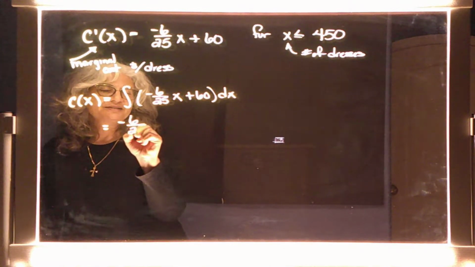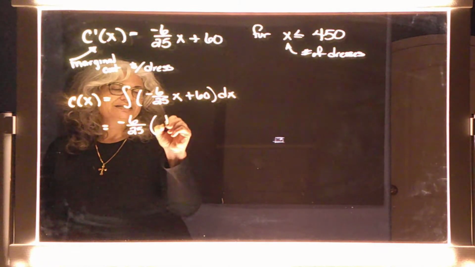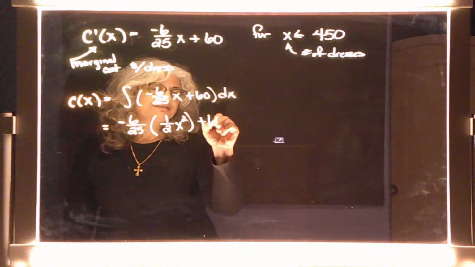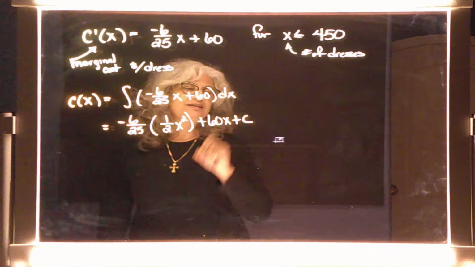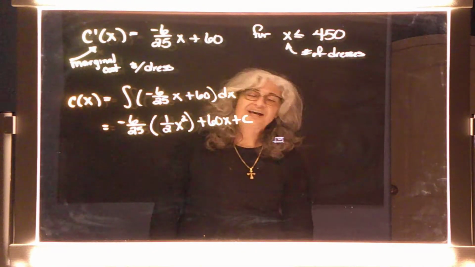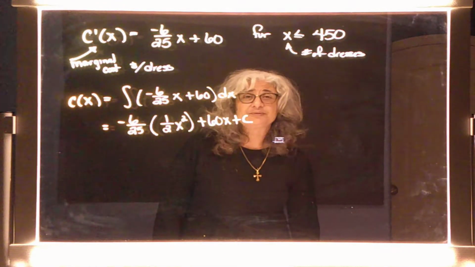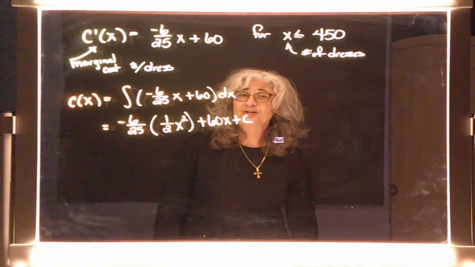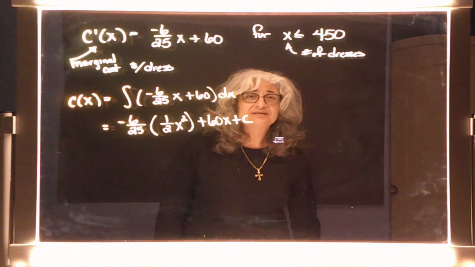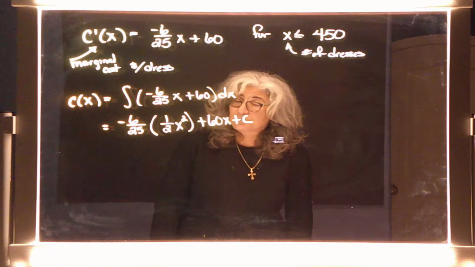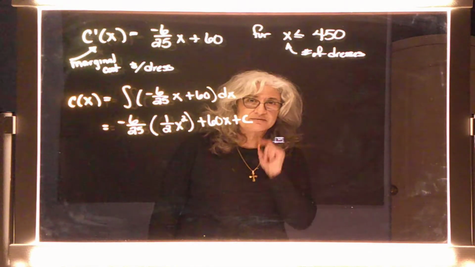I've got negative 6/25 times the parentheses 1/2 x squared plus 60x plus that c. And I know some of you are thinking, do I have to put, yes, you have to put the c. Why? Because it's the habit you need to be in. Because sometimes they don't say disregard the fixed costs, and so you're going to actually have to find that c. But this problem says disregard, but still put the c in.